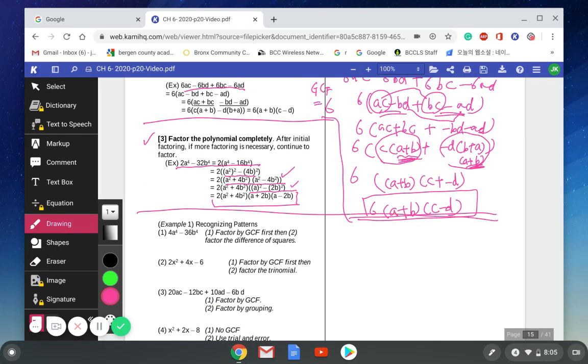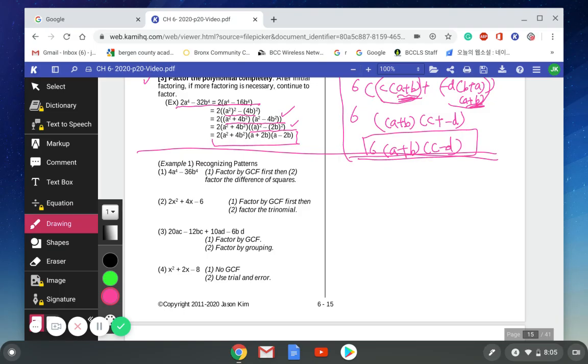So now look at some examples. Let's recognize patterns. When you have a question like number 1, what do you do? First, do you have a GCF? If we do, factor by GCF first. And then you factor by special polynomial, difference of squares. So what was the GCF here? The GCF for that is 4.